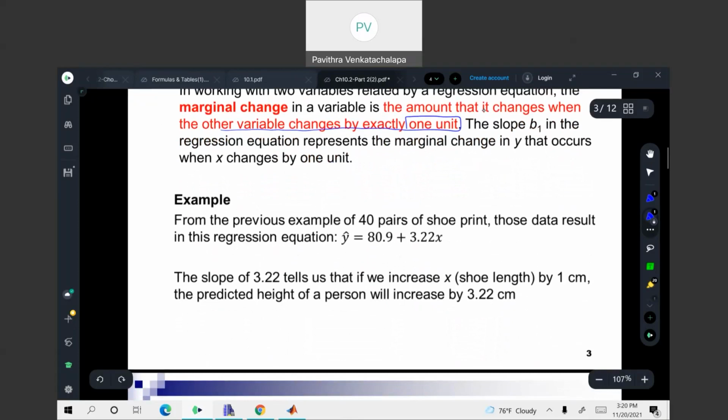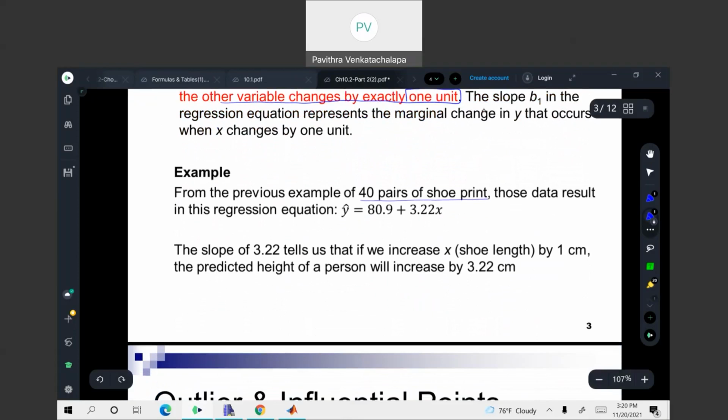So you have an example here. You would have done this example in part 1. So what does this tell you? Now let's say that the slope value is 3.22. When I say slope, that means if you are increasing 1 centimeter of the shoe length.